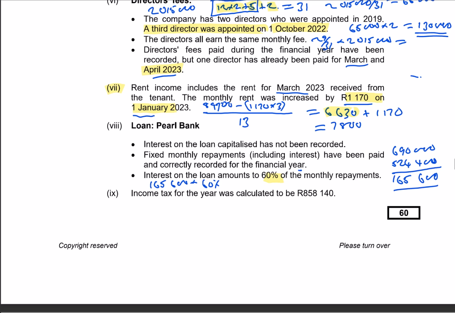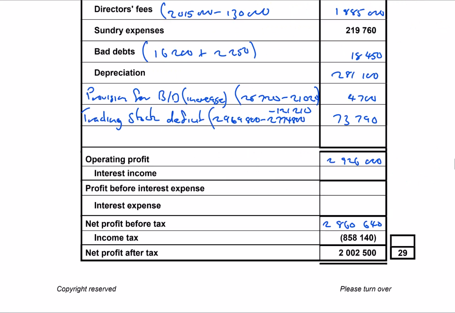So 165,600 times 60%, that's 99,360. So your interest expense is 99,360.